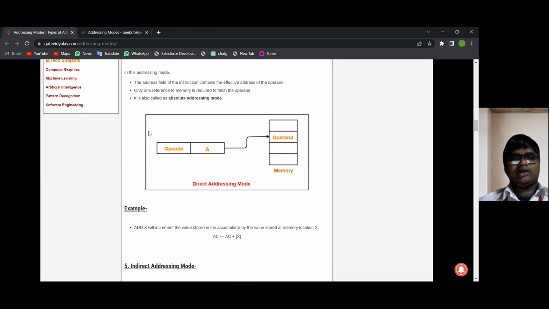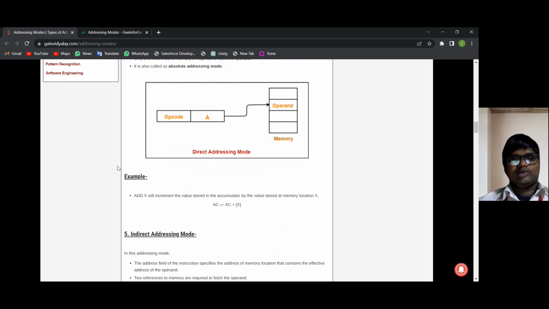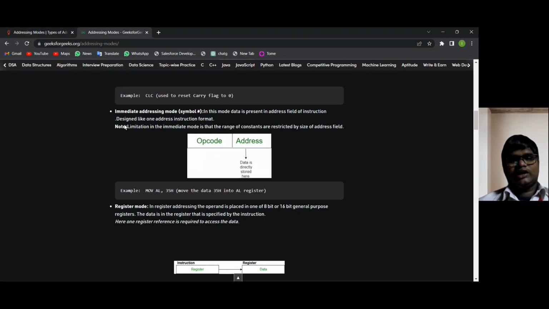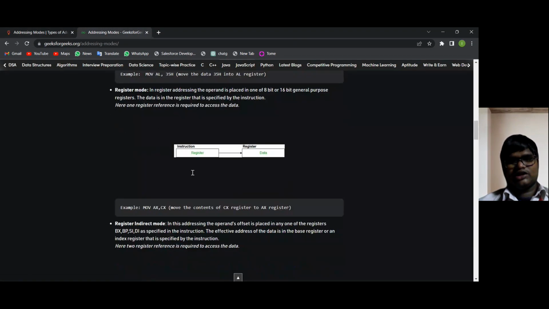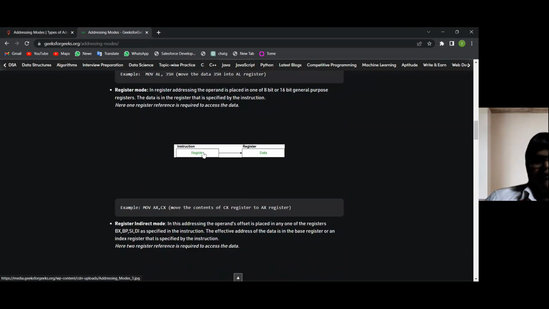Here we can see the opcode A is directly connected to the operand in the memory: direct addressing mode. Here is an example: ADD X will increment the value stored in the accumulator by the value stored at memory location X. Accumulator equals accumulator plus square brackets X. Here the square bracket X denotes the value in the location X. If we take 100, it goes to the 100th memory location and fetches the data in that location.